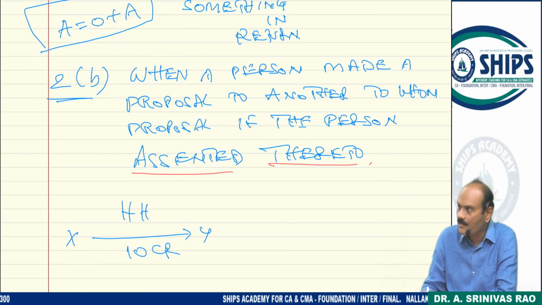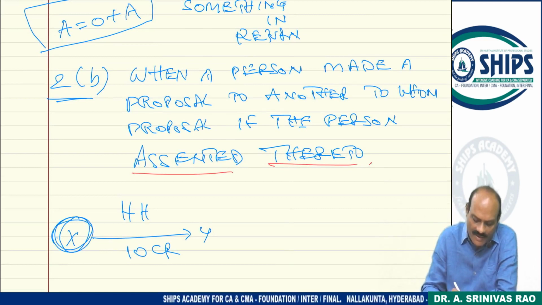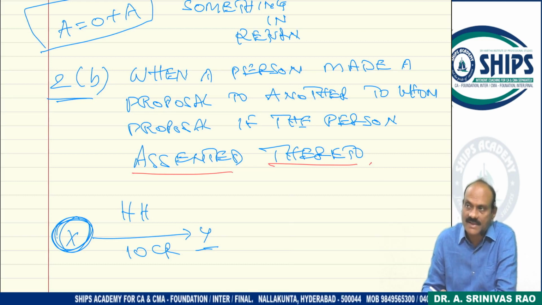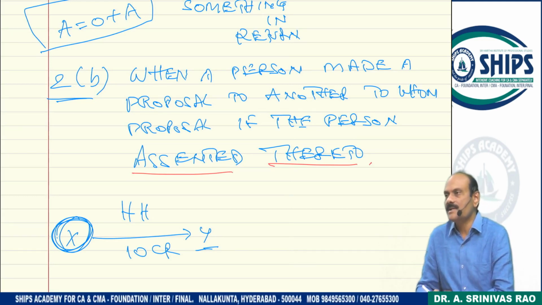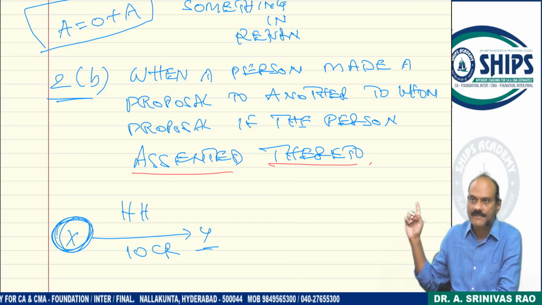What is the meaning of a promise first? Promise definition, compare: when a person made a proposal to another, to whom the proposal is given, if the person assented thereto, accepted. Now what did he say? Will you buy my Himayat Nagar house? He said yes. Promise definition satisfied.